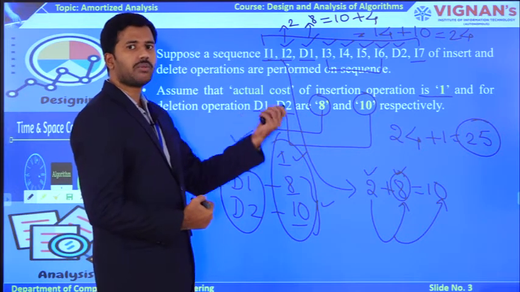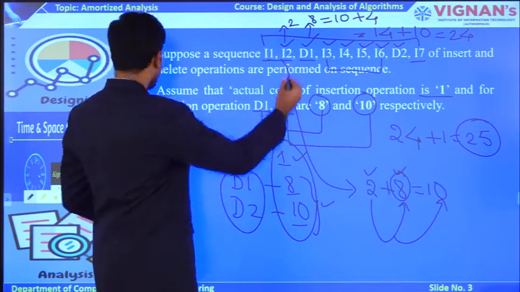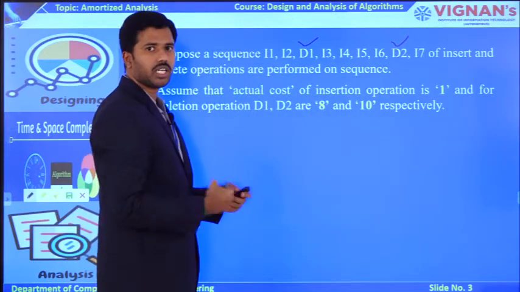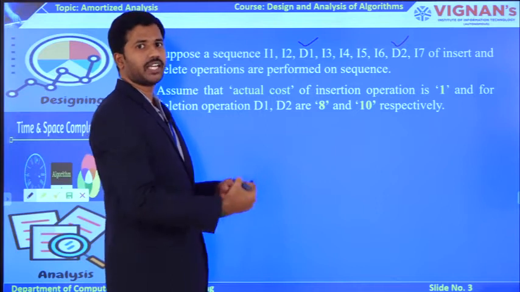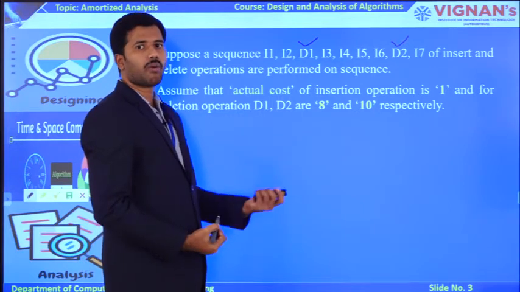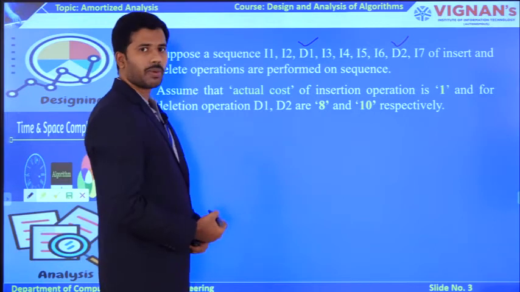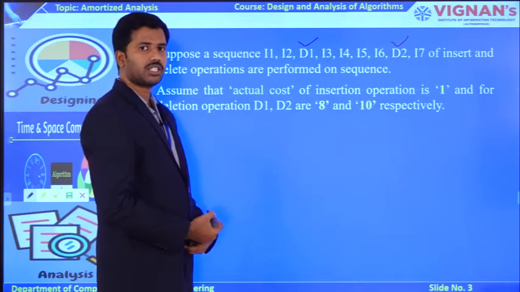That is the main theme you need to understand. Due to this D1 and D2, the entire time complexity of your algorithm is affected, because the insertion operation is working with best time complexity, but the deletion operation is working with worst time complexity.